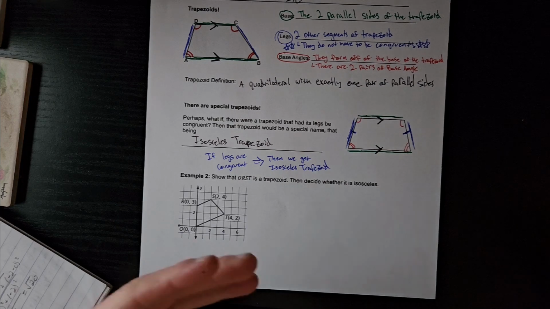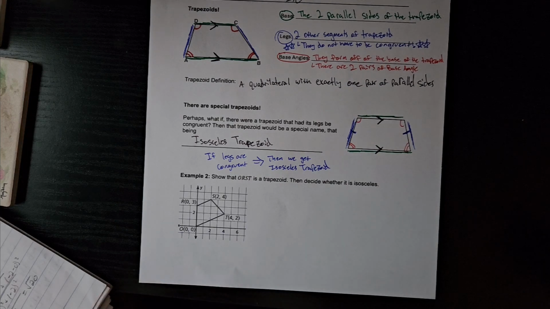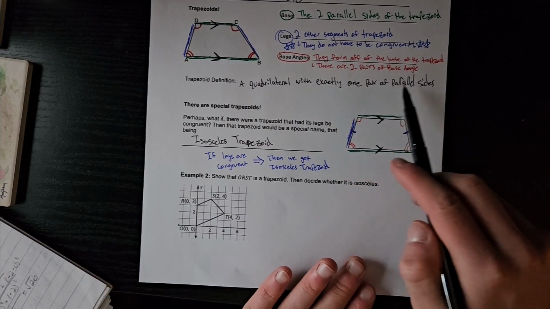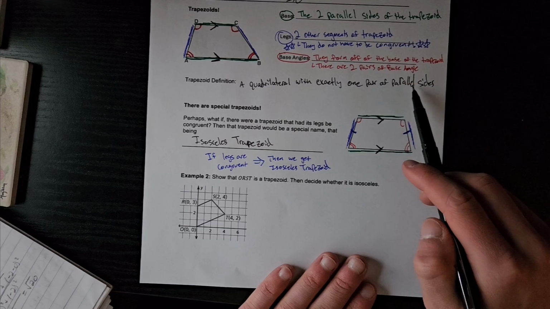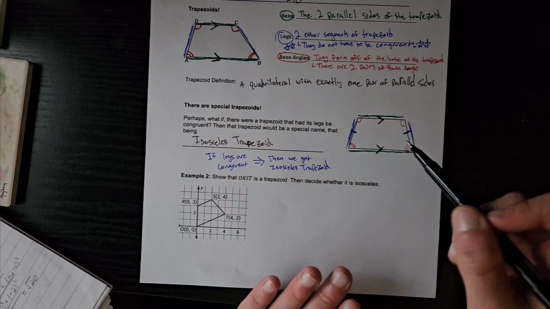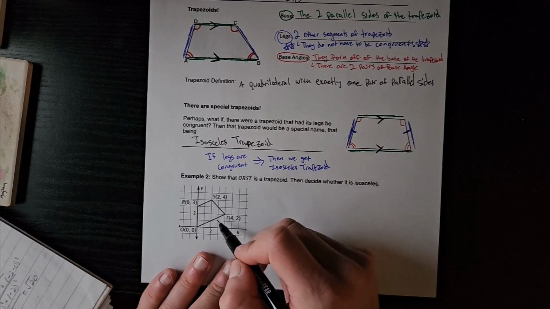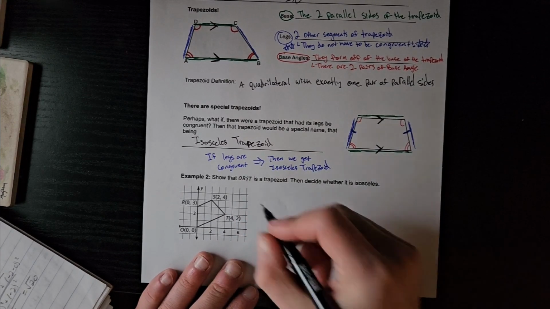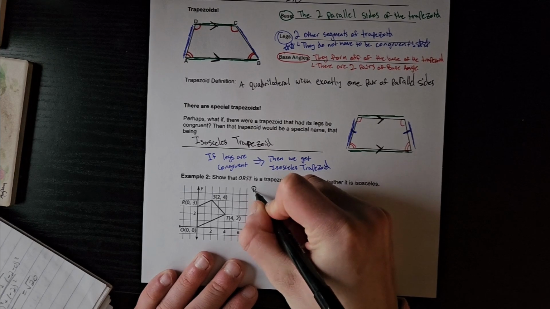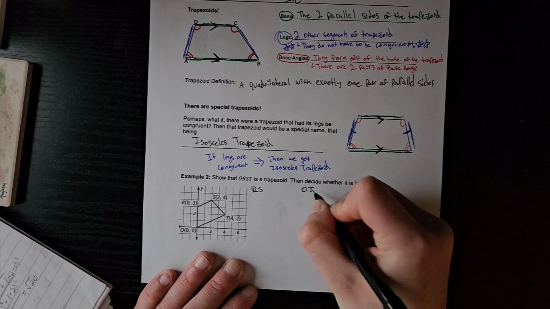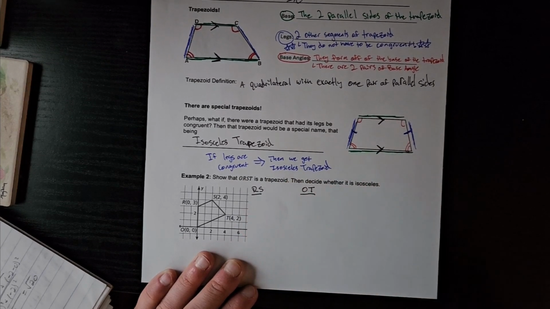What is the defining feature of a trapezoid? Well, let's look at the definition. It states that we need exactly one pair of parallel sides, those sides being the bases. So I need to check if my base sides are parallel on my trapezoid. So I need to check if RS and OT have the same slope.